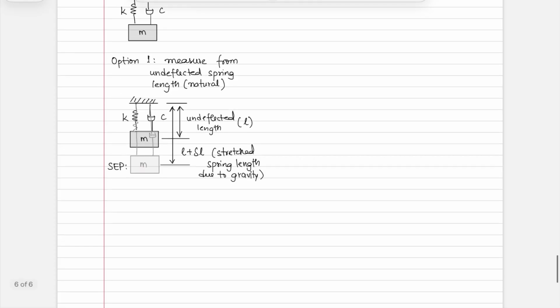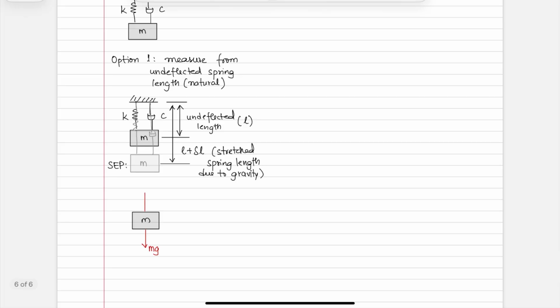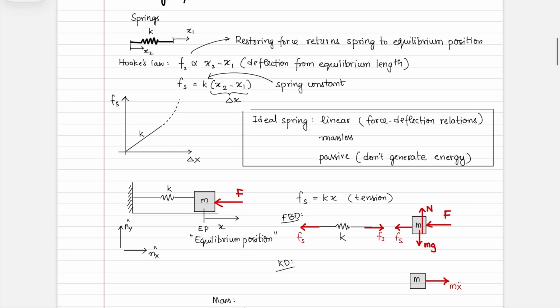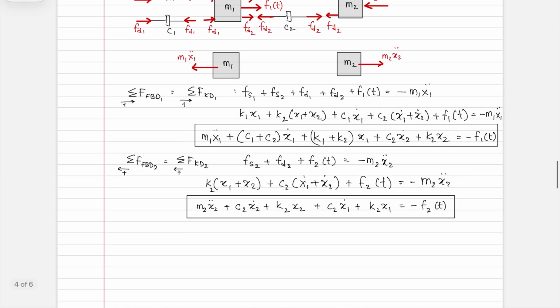Okay, let's now look at what is happening here. So you have a free body diagram where you have mass M, you have a force of mg, and what is the spring force? Let's look back at what is the equation that we found for springs. It is k times x2 minus x1, where there's a net deflection from the equilibrium length, right?